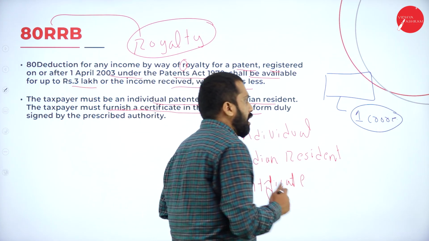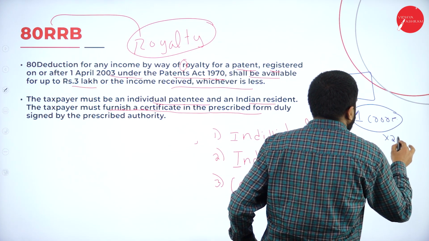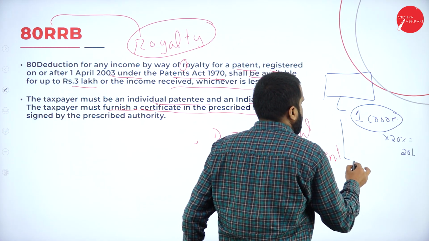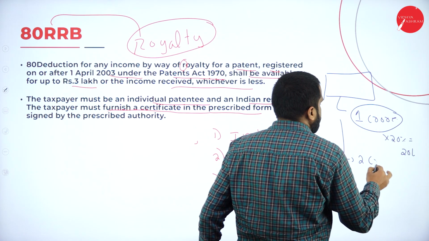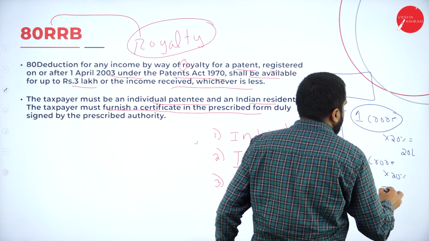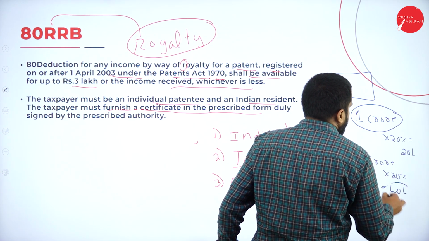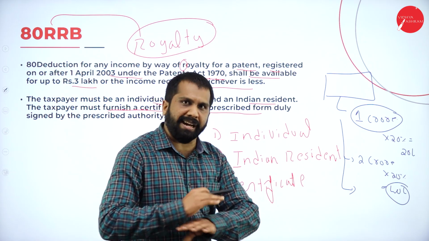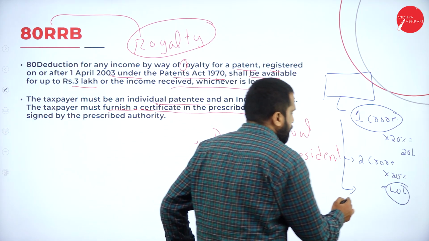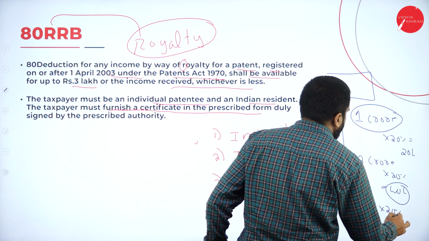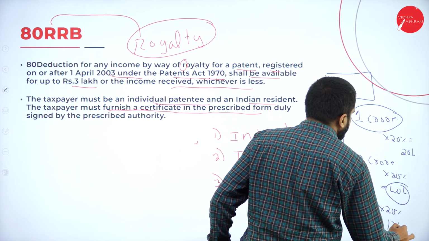Clear? So on 1 crore, 20%, I'll get 20 lakh. Second year he got 2 crore. On that 20%, I got 40 lakh. Third year, after digging and everything, he extracted the maximum extent. He earned some 60 lakh. On that 20%, I got 12 lakh.